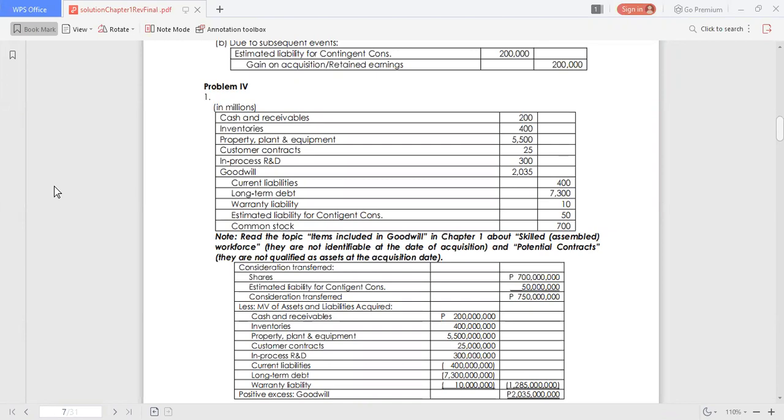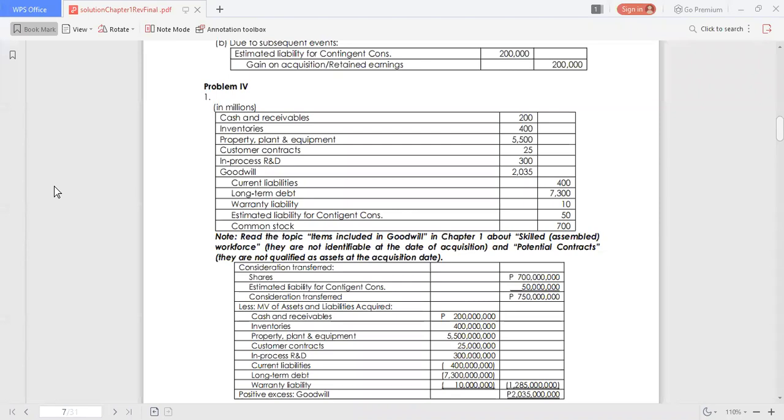In requirement number 1, determine the amount of goodwill. So we now record on January 2, 20x5, we debit cash and receivables for 200 million, then inventories for 400,000. The given amount of inventories is 600,000.